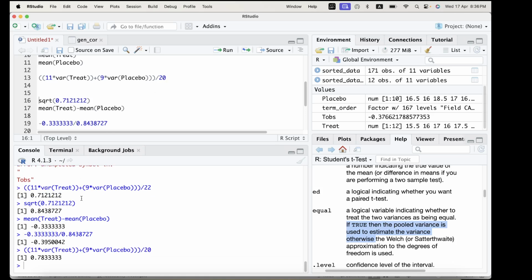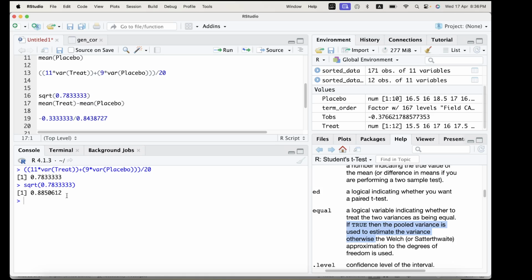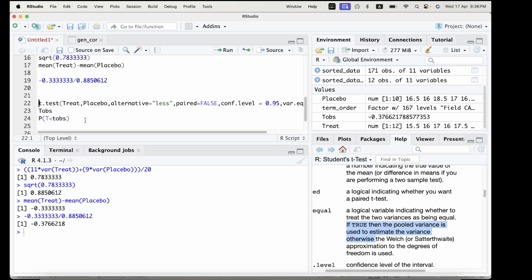Same mistake I keep making. n1 minus 1 into s squared plus n2 minus 1 into s b squared, by 20, n1 plus n2 minus 2. Square root of this value is 0.885. Mean minus this is 0.883. So this will be this divided by 0.885. But then also it's not coming.